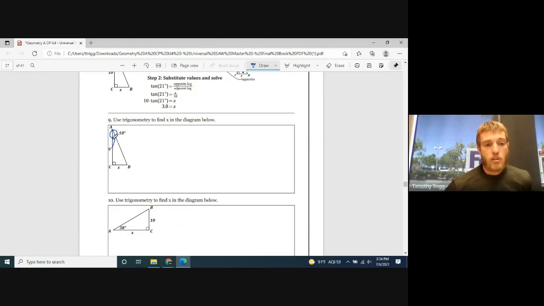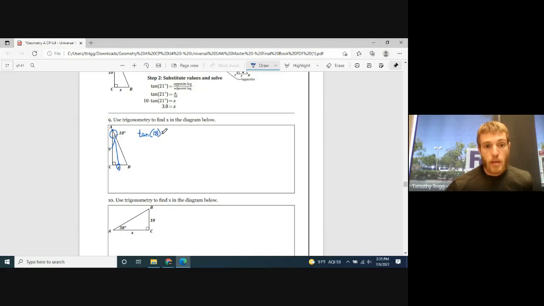The angle touches that side, right? So it's adjacent. So we have the adjacent leg, and we're looking for the opposite leg. So which trig function involves adjacent and opposite? Well, that's tangent. So it'll be tangent of 18.